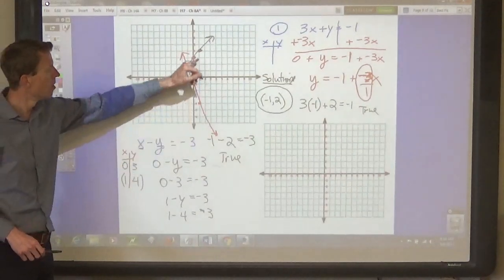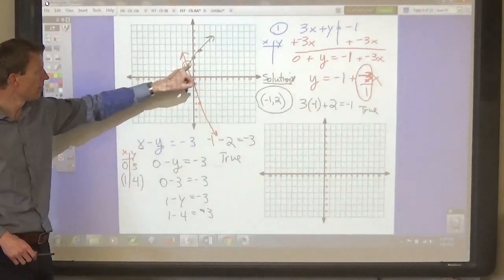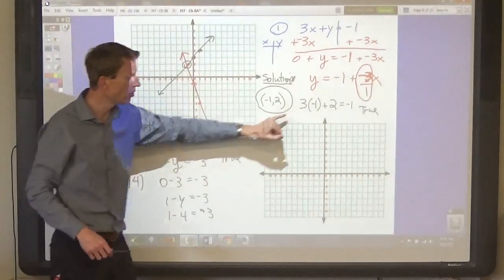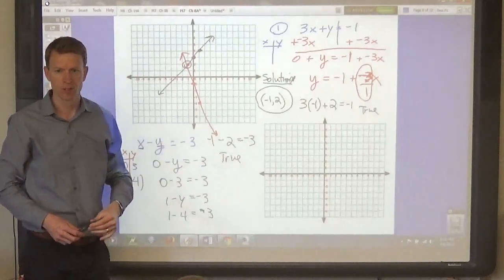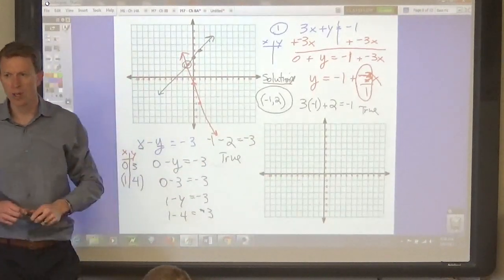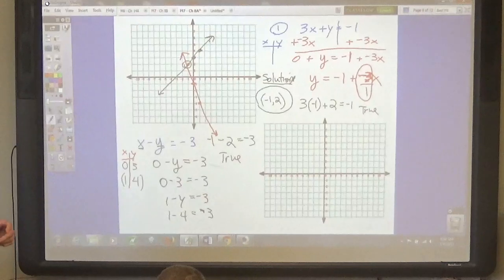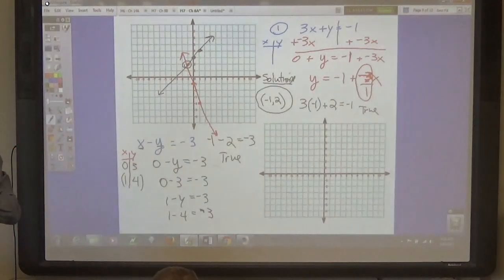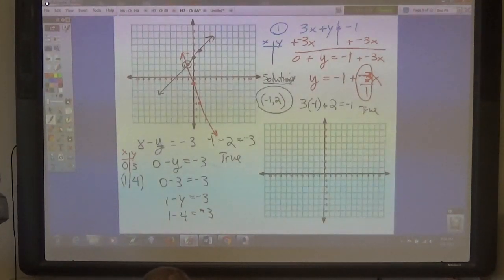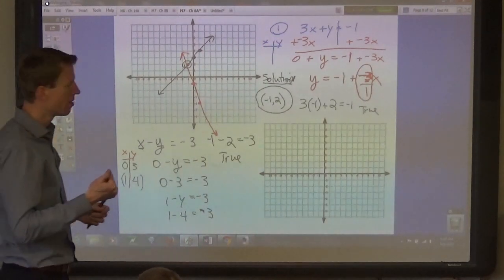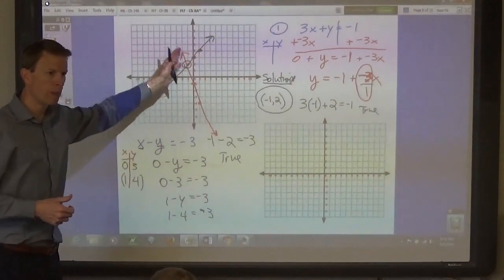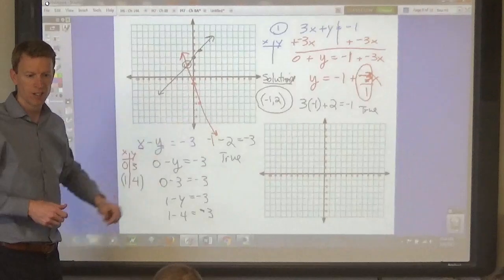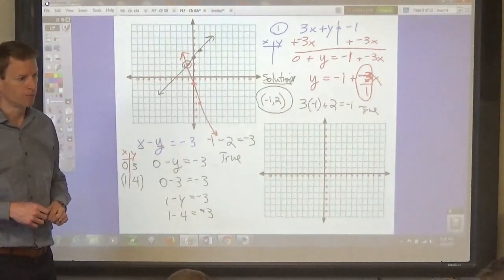Make sure you draw straight lines to find the point of intersection, and then check your solution. This is what your next quiz is going to be on. It encompasses everything that we've been doing in this chapter: graphing lines, plotting a slope, finding the solution, checking the solution.